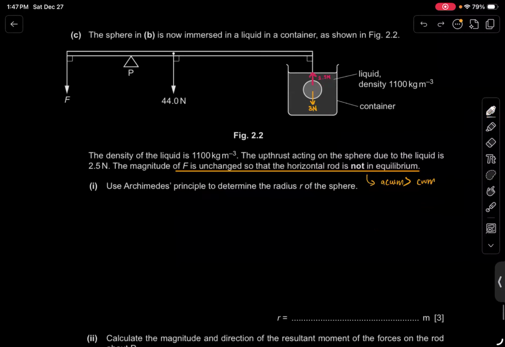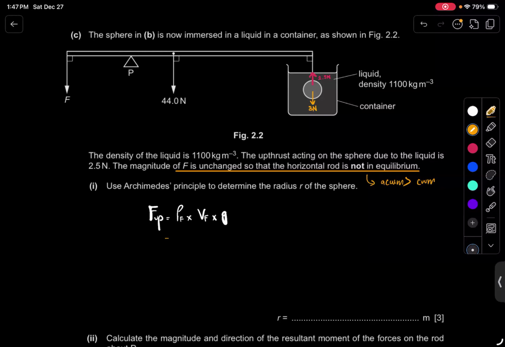Okay. Archimedes' principle. We know that the upthrust F is equal to rho, the density of the fluid, multiplied by the volume of fluid displaced, multiplied by g.